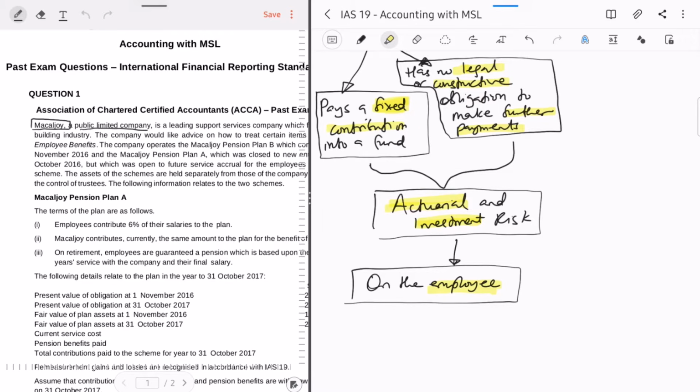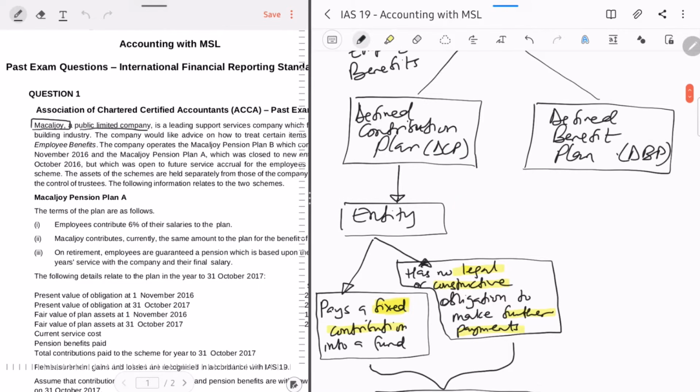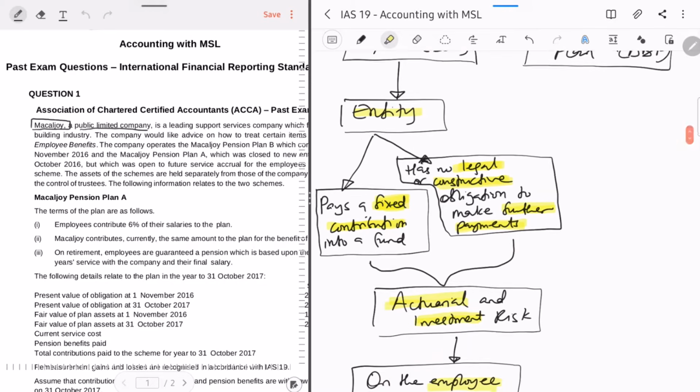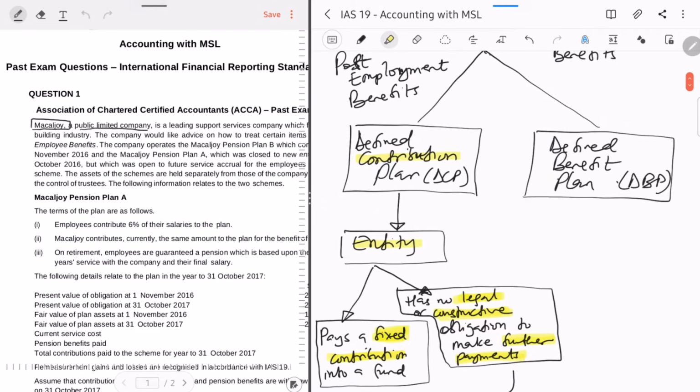That is what it means under a defined contribution plan. So remember, under defined contribution, the contribution is what is defined, right? The entity pays a fixed contribution into a fund. They have no legal, no constructive obligation to make any further payments, and the actuarial and investment risk is placed on the employee. Let's look at a defined benefit plan.